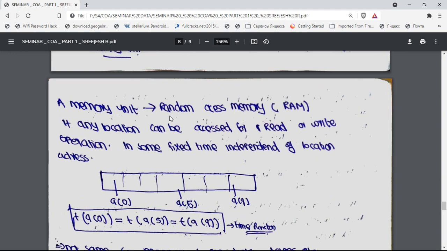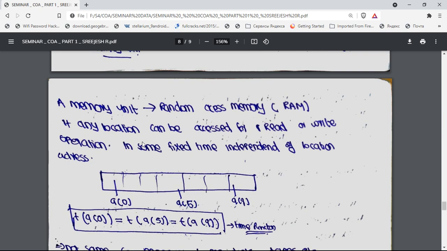We are talking about memory units. The first thing we have to discuss is RAM, random access memory. As we all know what RAM is, the advantage of RAM is that data can be accessed, read or written, from any location in a fixed time.